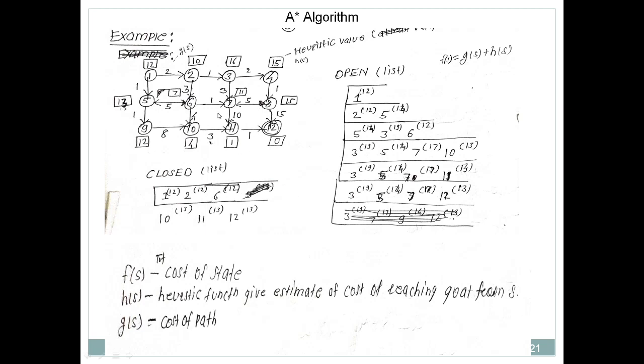Now let's discuss how the A star algorithm can be used to find the minimum cost. Here we are making use of two lists. One is an open list and the second one is a closed list.